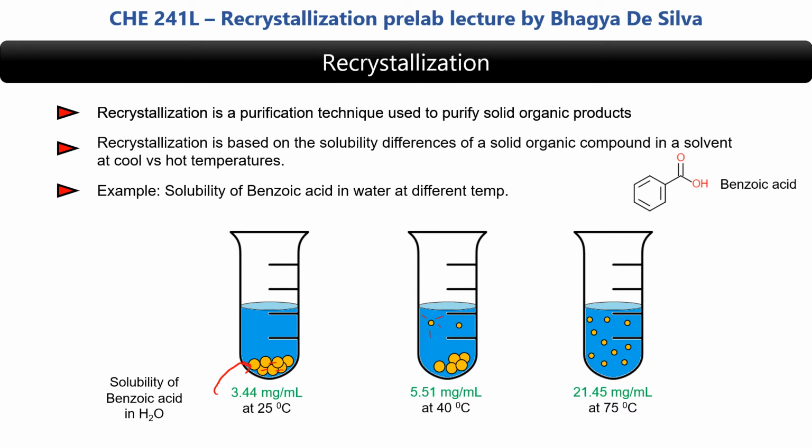So when we heat it, that energy causes the bonds between the crystal molecules to break and bonds between the crystal molecules and the solvent molecules to form. That is what contributes to the increased solubility when we increase the temperature. And this is the concept that we use in the recrystallization technique.